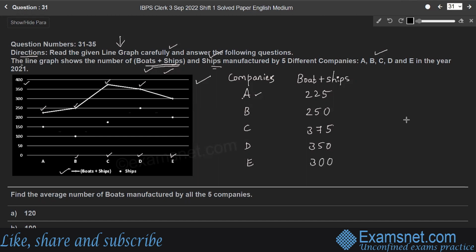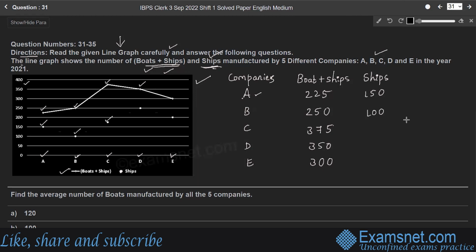Whereas the number of ships prepared by all these companies, only ships, right? Here the dot indicates the number of ships prepared by the respective companies. So the number of ships prepared by company A is 150, whereas the number of ships manufactured by B is 100.